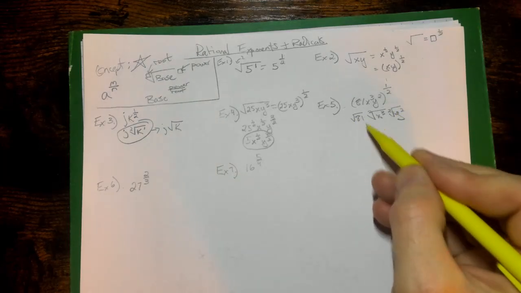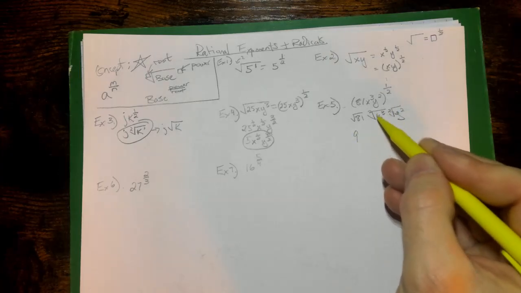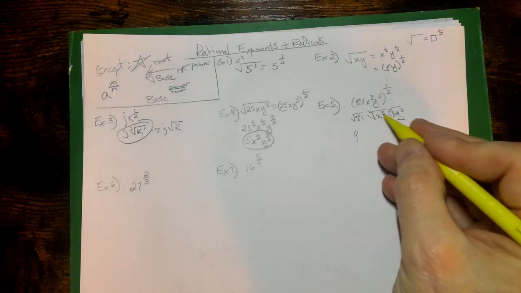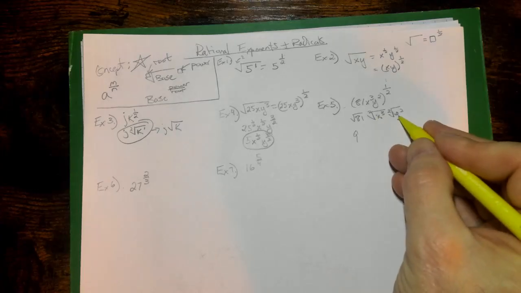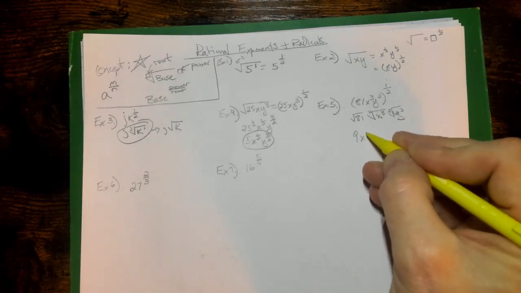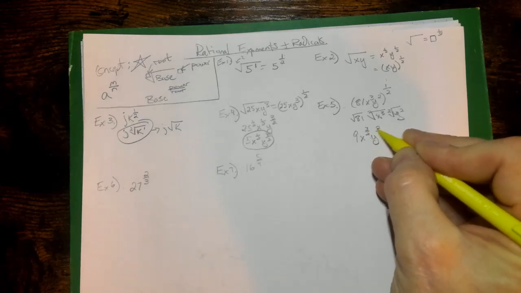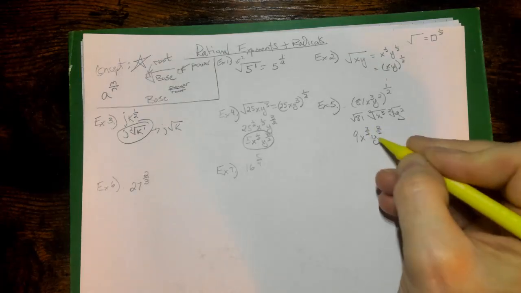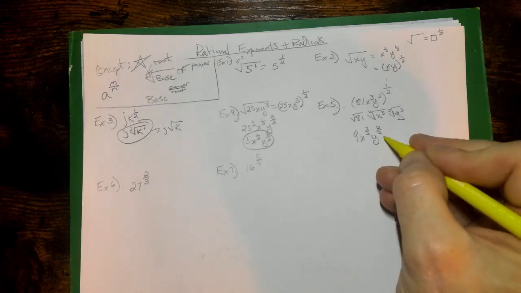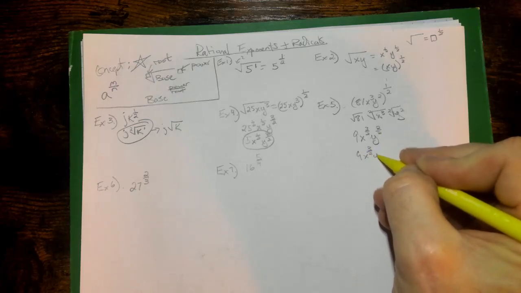The square root of 81 is 9. Let's rewrite this as x to the 3/2, and then y to the 2/2. Well, y to the 2/2 is just y, so we get 9x to the 3/2, y.